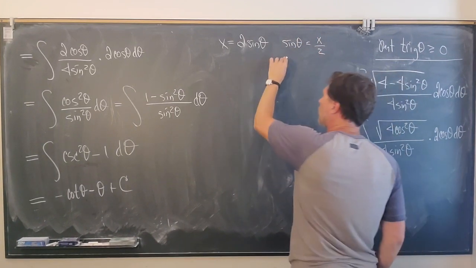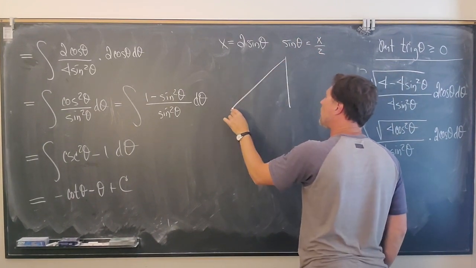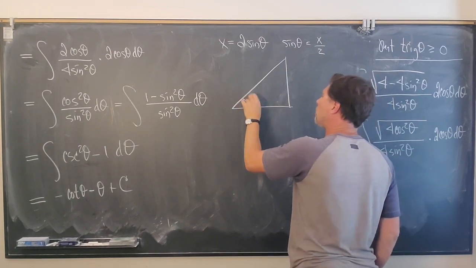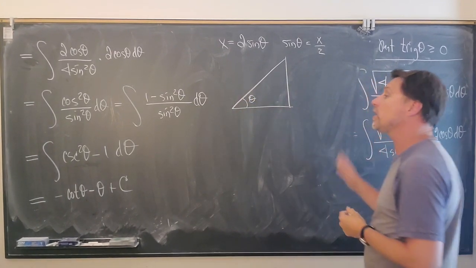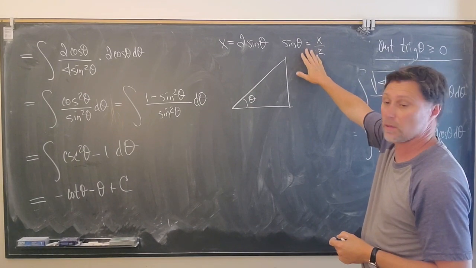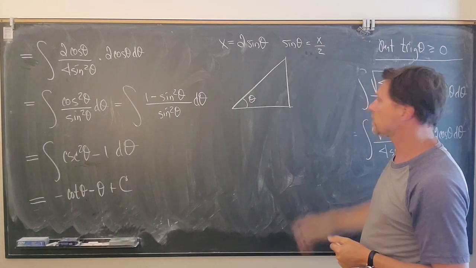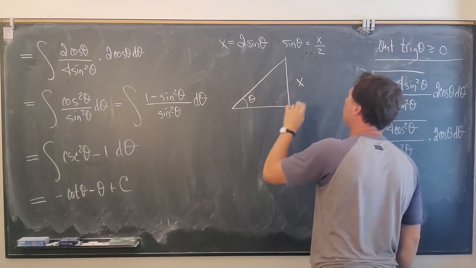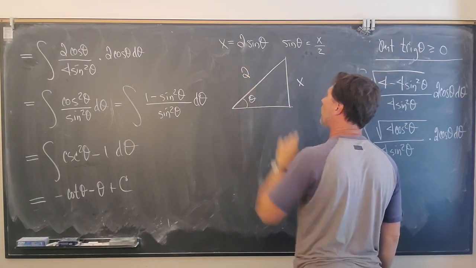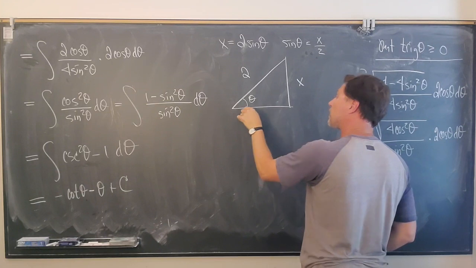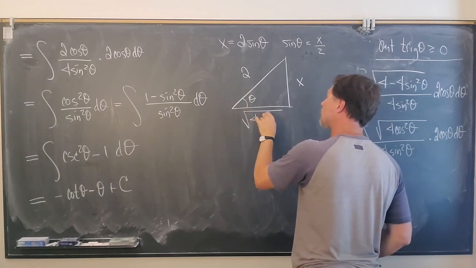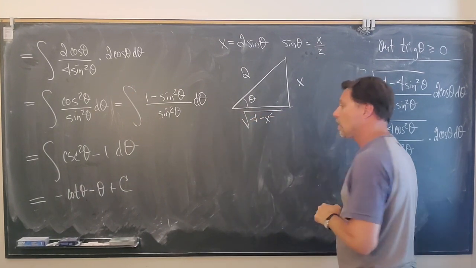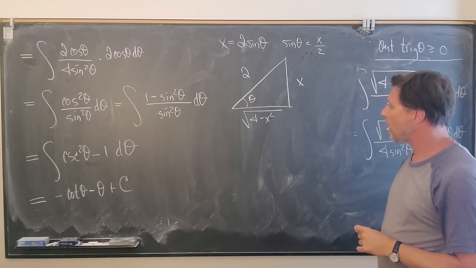And now what I'm going to do is draw a triangle, and I'm going to label it according to this equation right here. Let's see, sine theta, that's opposite over hypotenuse, and so I'm going to have an x and a 2 right there. And then using the Pythagorean theorem, I can label this lower one as the square root of 4 minus x squared. Now, why am I doing this?